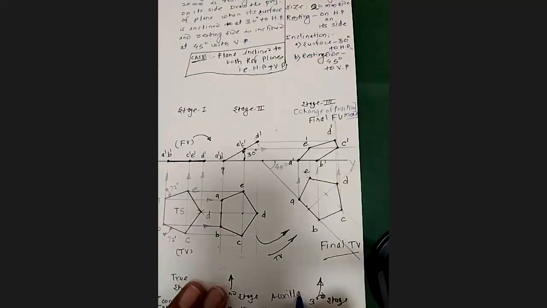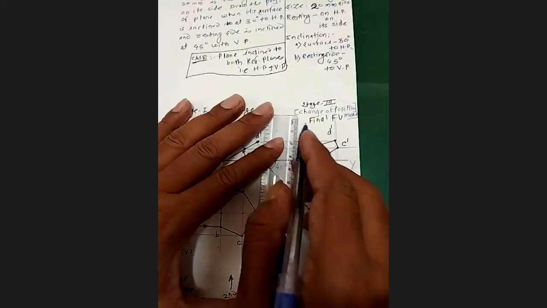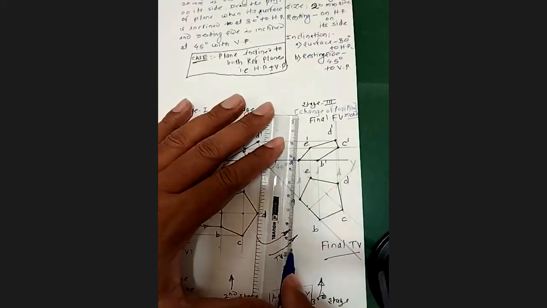I will write it here. Then you need not go for the change of position method. You can skip this part, and instead of the change of position method, you can do it with the auxiliary plane method.